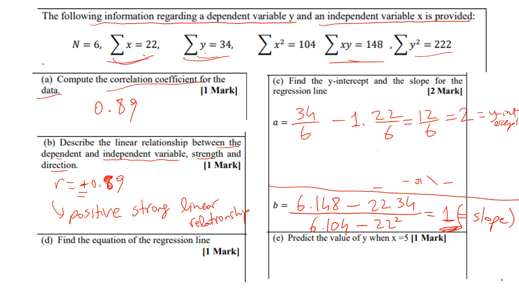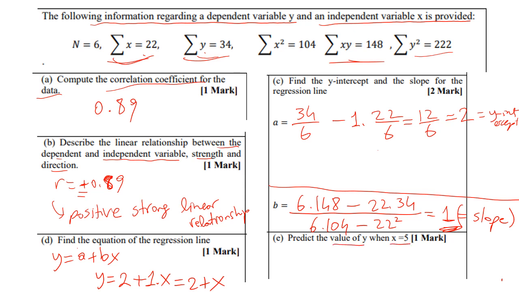Since we have these two numbers here, we can write the equation now. The regression equation, or the equation of the regression line, is always y is equal to a plus bx, which is now y equal to a is 2 and b is 1 times x, so it will be 2 plus x. Now predict the value of y when x is equal to 5.